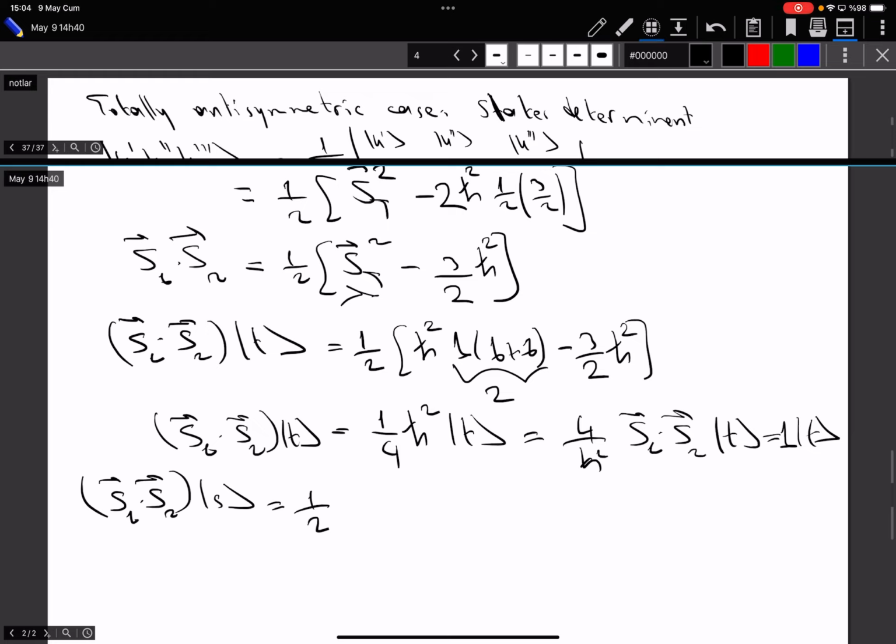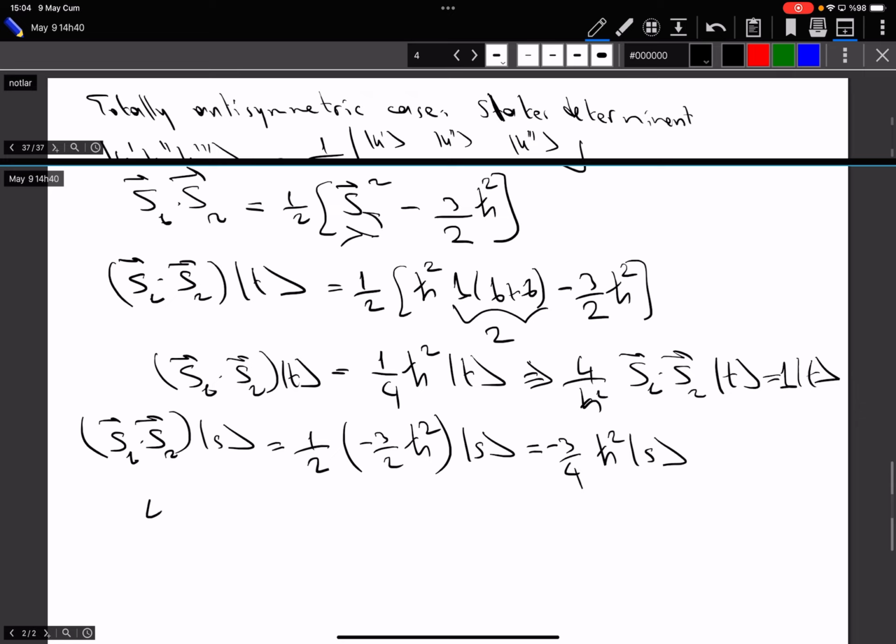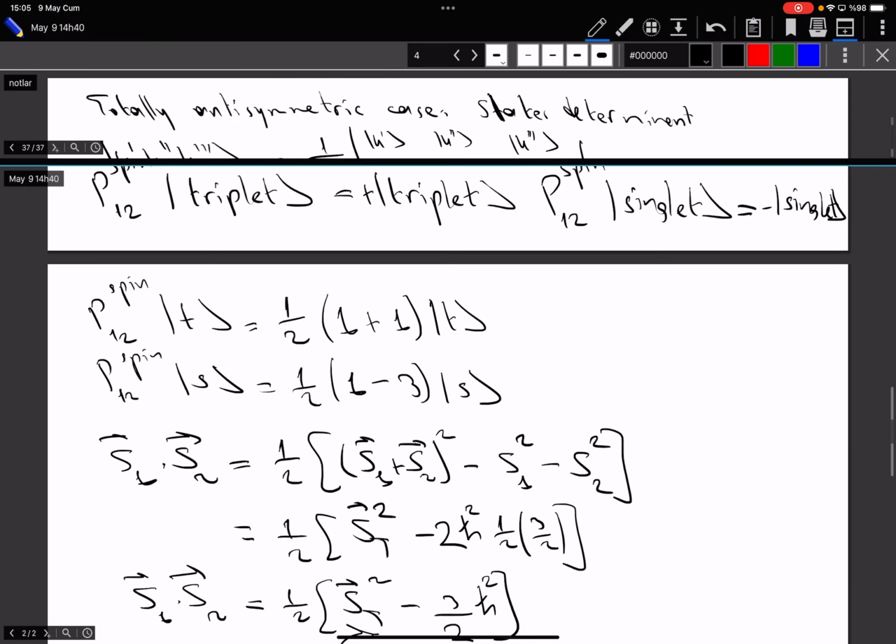So I have 1 over 2 times minus 3 over 2 h bar squared, the singlet state, or minus 3 over 4 h bar squared times the singlet state, which tells me that 4 over h bar squared S1 dot S2 acting on the singlet state is minus 3 times the singlet state. So what are these plus 1 and minus 3?